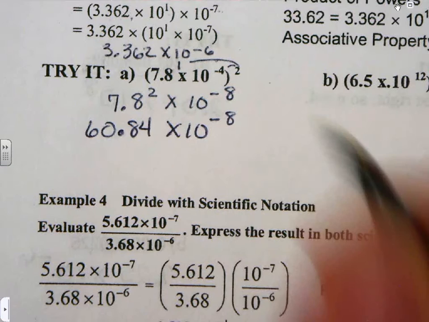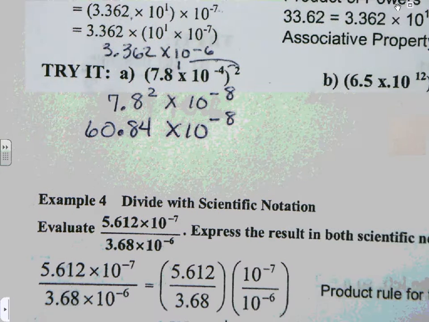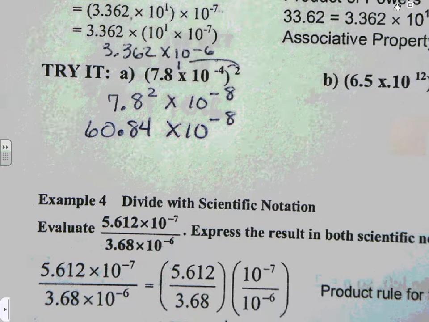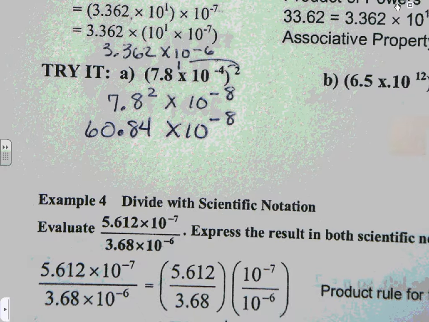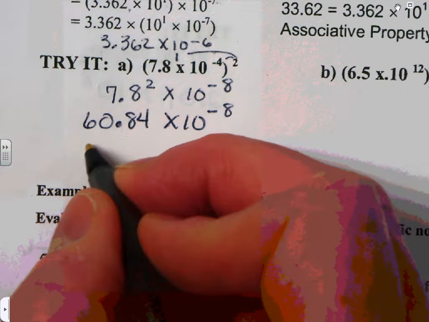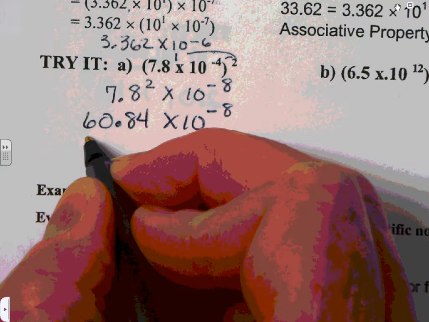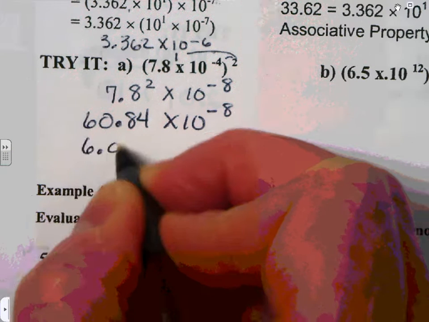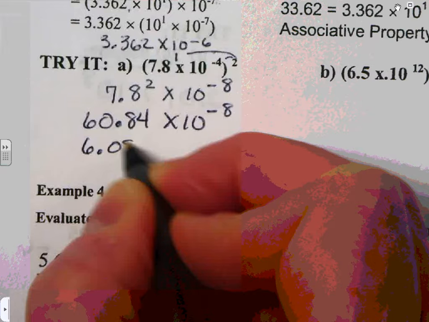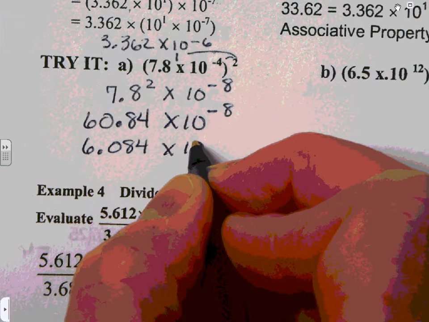Okay. Is this in scientific notation? No. What do I need to write to make it scientific notation? Okay, so what would I have? Which way? Okay, so 6.084 times 10.